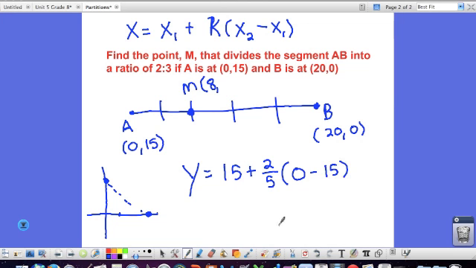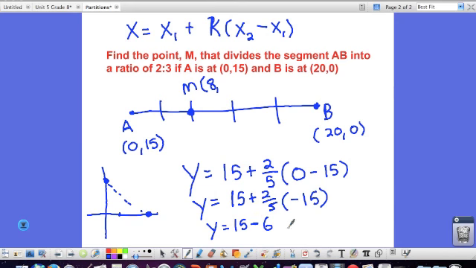So y equals 15 plus 2/5 of negative 15. You're going to see that that negative actually is going to make a difference in a minute. 2 times 15 is negative 30, divided by 5 is negative 6. So 15 plus negative 6 is the same as 15 minus 6. And y then equals 9.